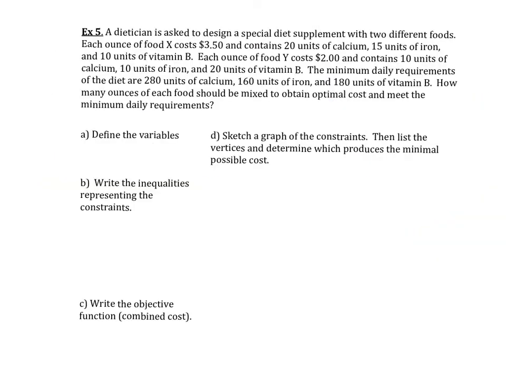Okay, this is like a bonus example. I'm not going to do this one in class. This says a dietitian is asked to design a special diet supplement with 2 different kinds of food.